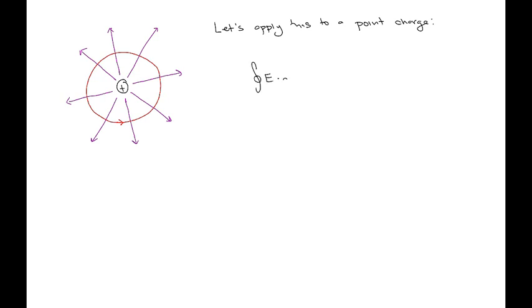Okay. So we're going to apply this to a point charge, which means we're going to try to calculate the curl of the electric field of a point charge. To do this, the first thing we want to do to conceptually think about this is we can figure out a path over which we can calculate the line integral of E dot dl.